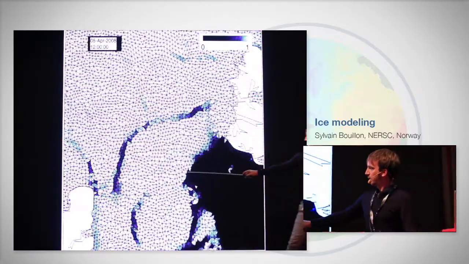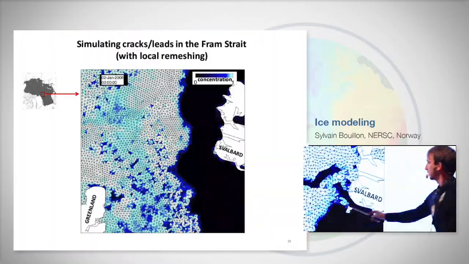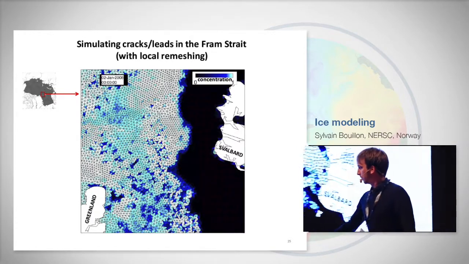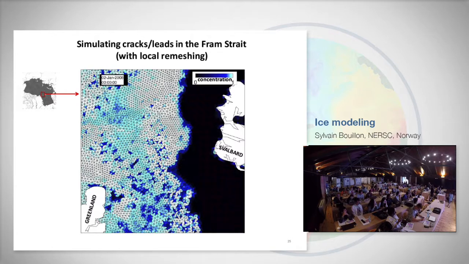So it's quite nice. We have what we call arches, which are those lines of very low thickness connecting Greenland and Spitsbergen. So it looks very much like observations.